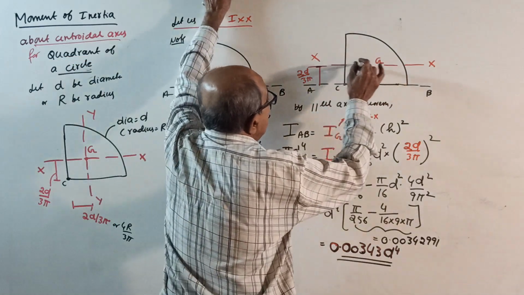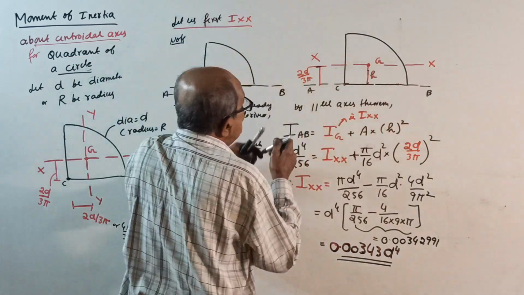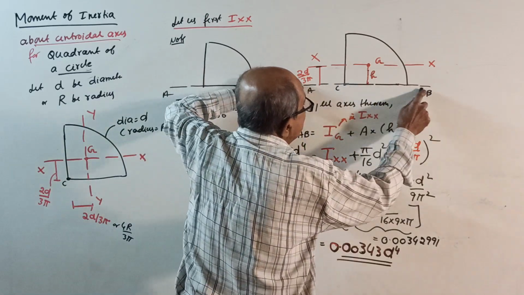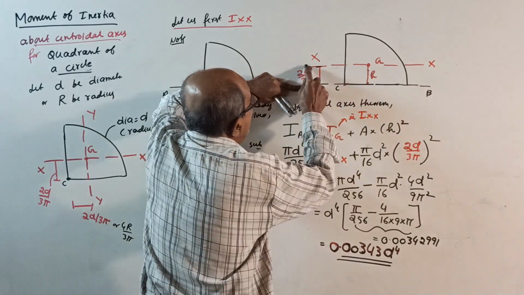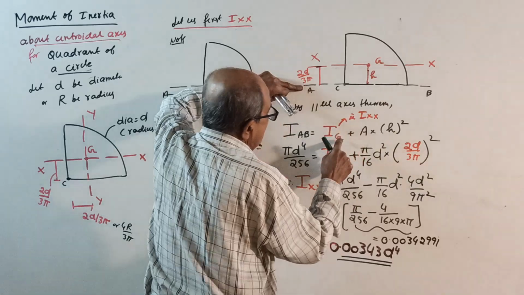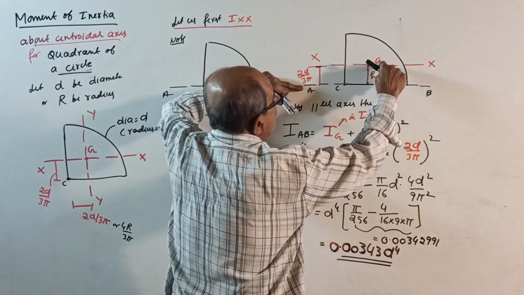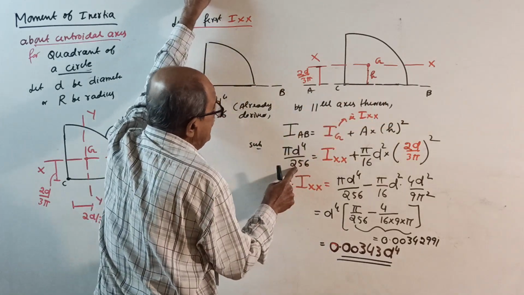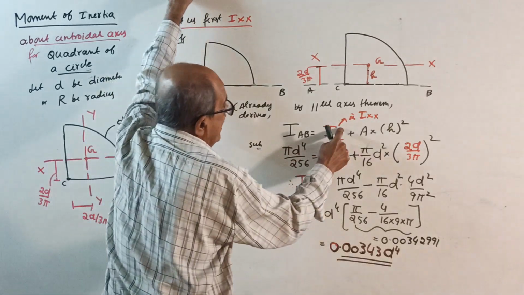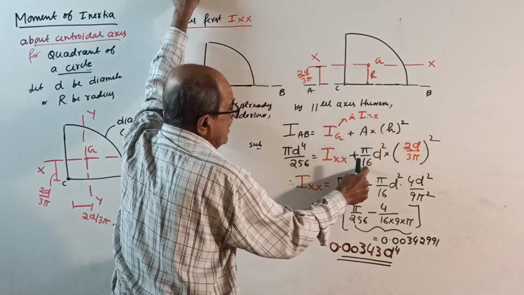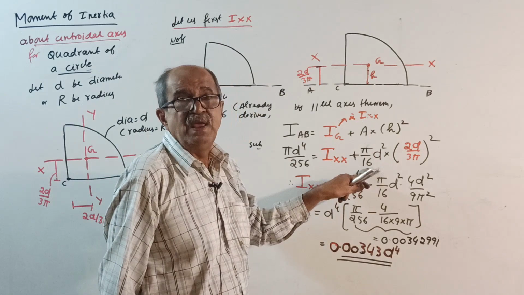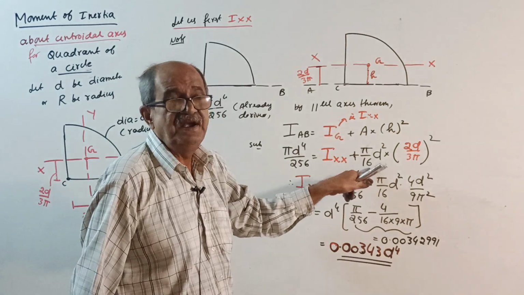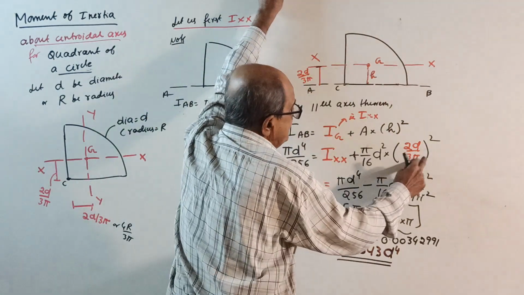See, this is xx, this is AB. Use the parallel axis theorem. Then I about any axis, IAB, equals I about the centroidal axis, that is IG, Ixx, plus area into h square. I about AB is pi d power 4 by 256, already you got it here. IG is Ixx plus area: for a circle pi by 4 d square, semicircle pi by 8 d square, quadrant pi by 16 d square, into (2d by 3 pi) whole square.